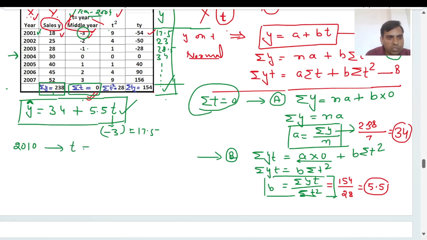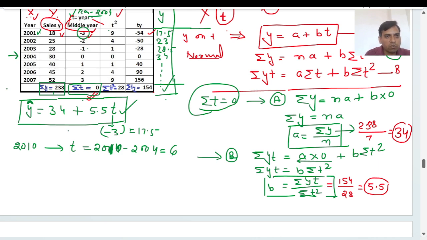We have used t equals year minus middle year, and for this data the middle year is 2004. When you subtract, you will get t equals 6.